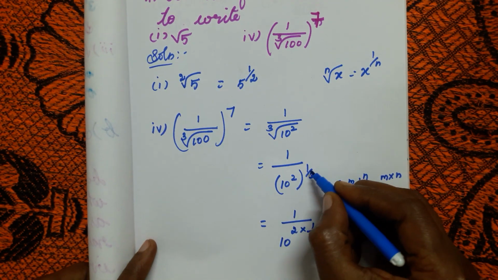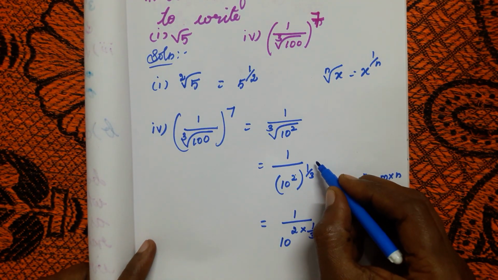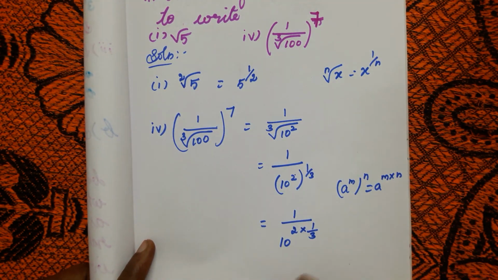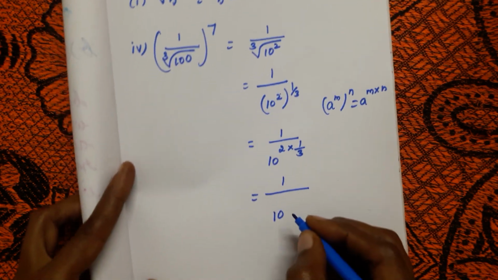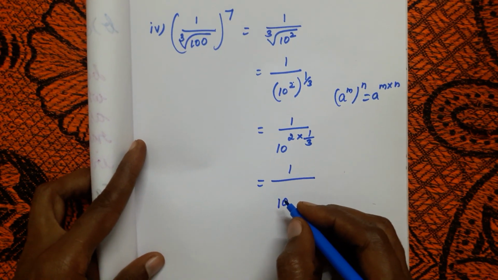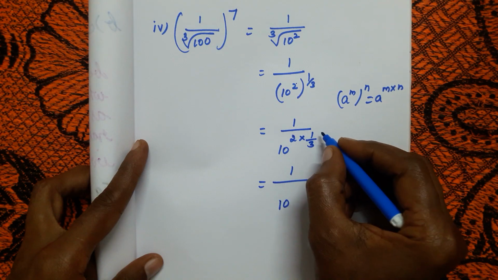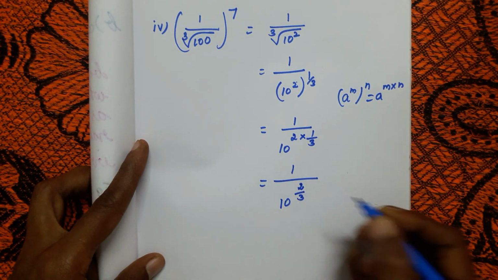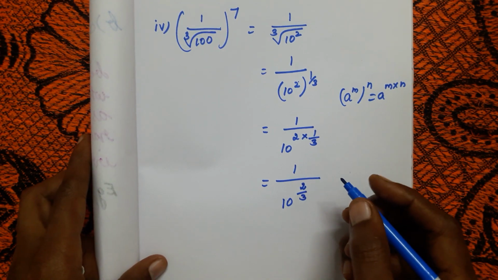So 10 power 2 into 1 by 3 is equal to 1 by 10 power 2 by 3.